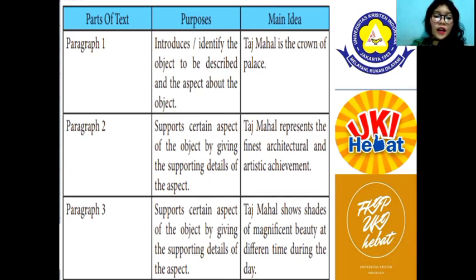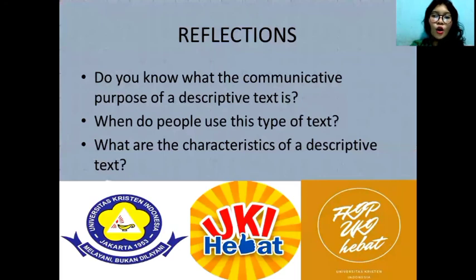Okay, after we discuss the Taj Mahal text, I hope you understand how to communicate the purpose of the descriptive text, when people use this type of text, and what the characteristics of descriptive text are.